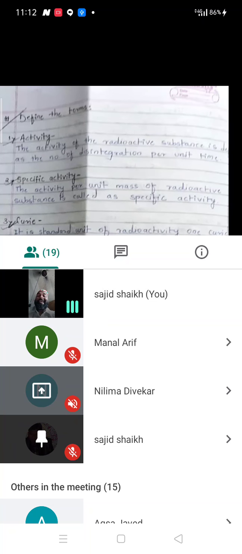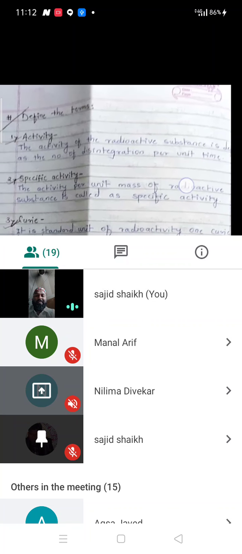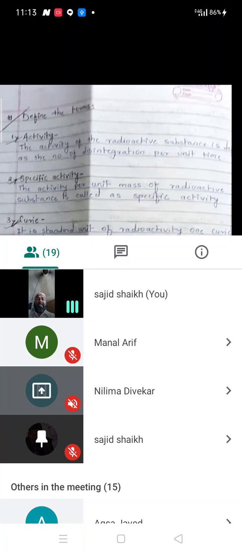The activity of any radioactive element or substance is nothing but the number of disintegrations per unit time. Very simple definition. It may come for MCQ purposes.